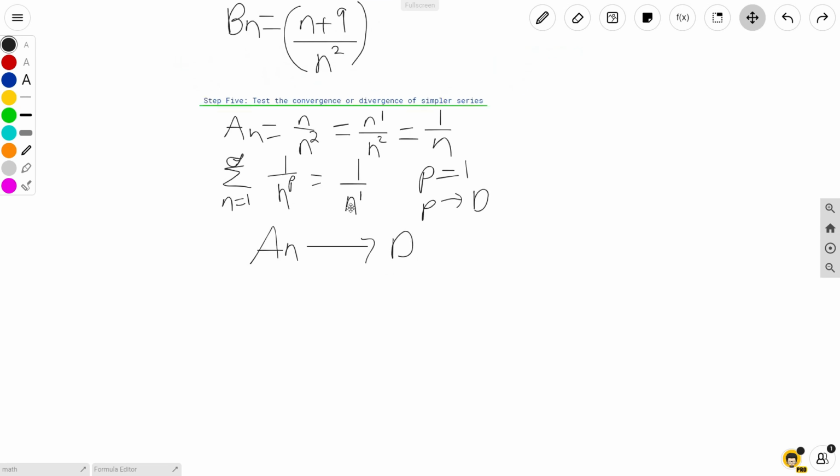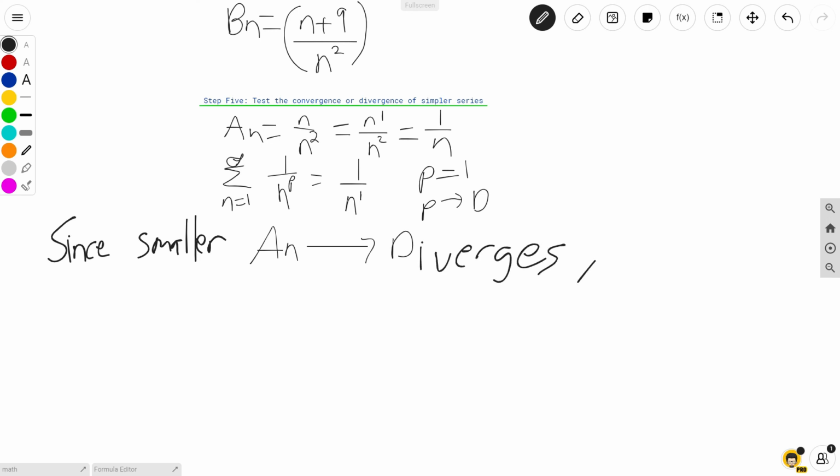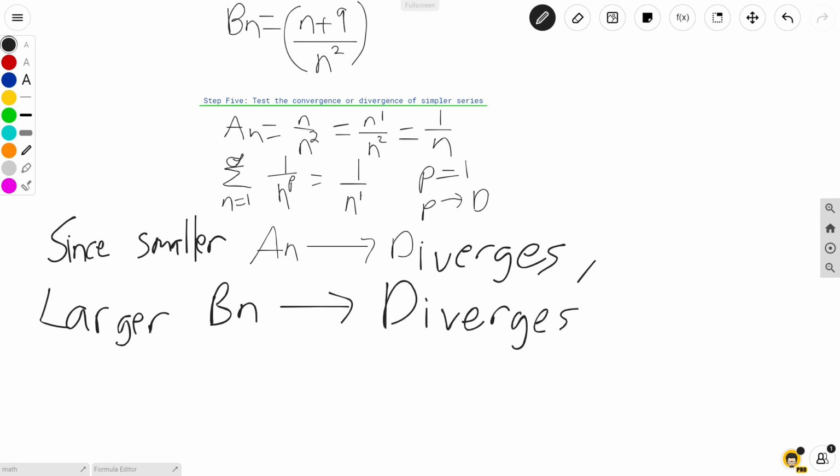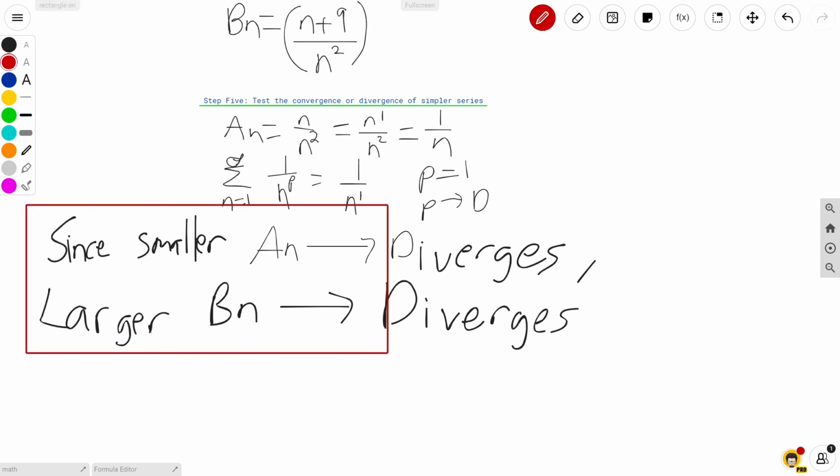Since the smaller a sub n diverges, the larger b sub n will also diverge. Why? Because I'll draw it out for you real quick.